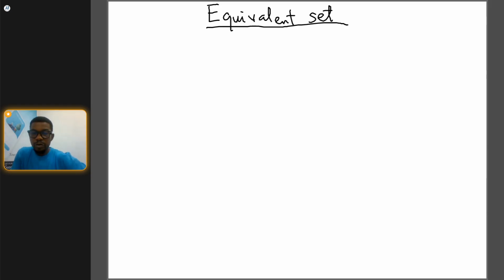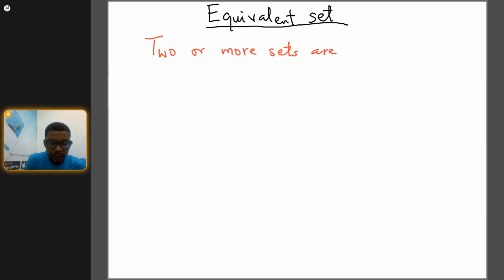So what is an equivalent set? Two or more sets are equivalent when they contain equal elements.